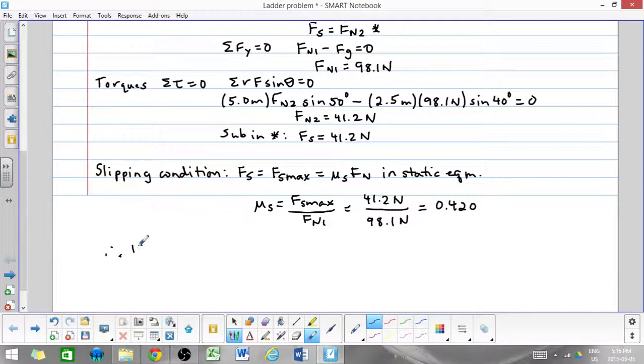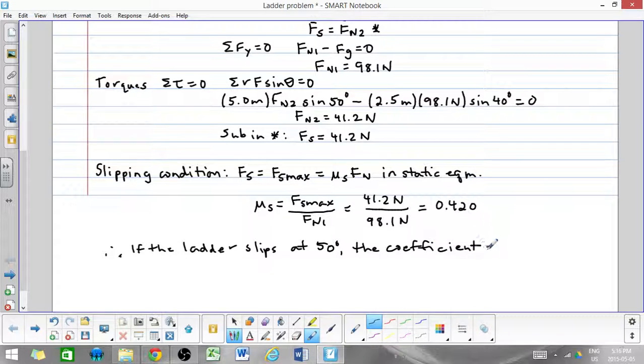Therefore, if the ladder slips at 50 degrees, the coefficient of static friction must be 0.420.